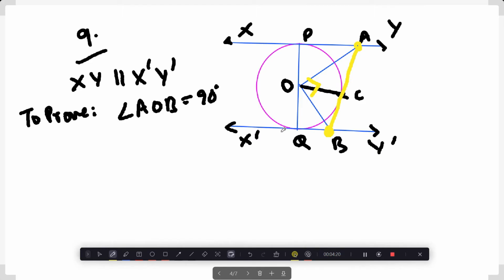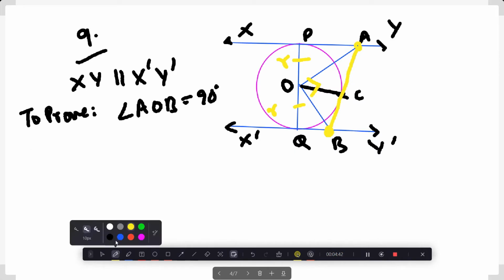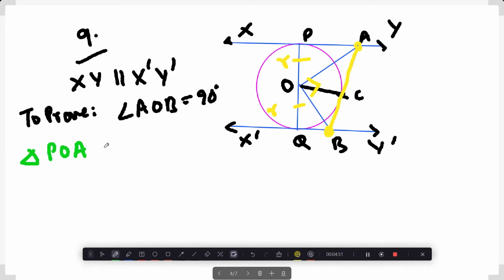First, we are going to just look at this. So this is R, and this is R. What we'll consider first is triangle POA and triangle OCA.